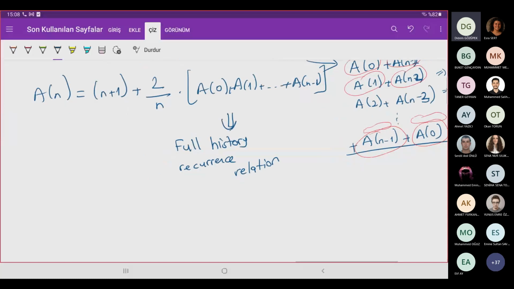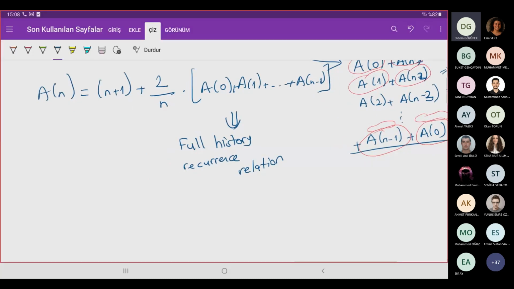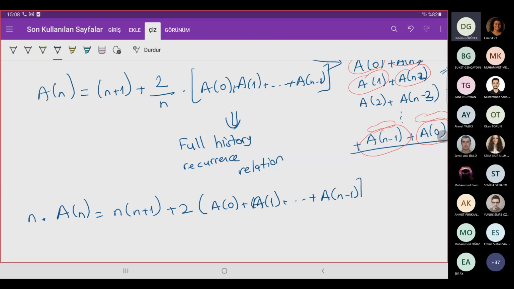So now the trick is I multiply everything by n. n times A_n becomes n times (n plus 1), and the n in the denominator disappears, plus 2 times (A_0 plus A_1 plus ... plus A_{n-1}).